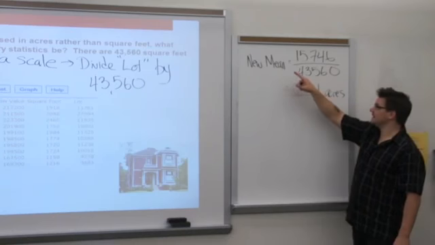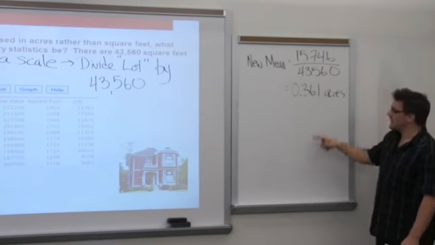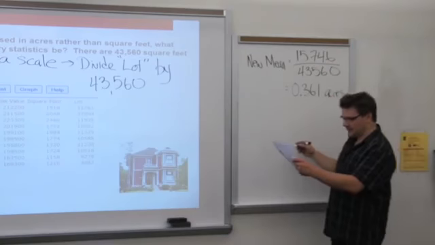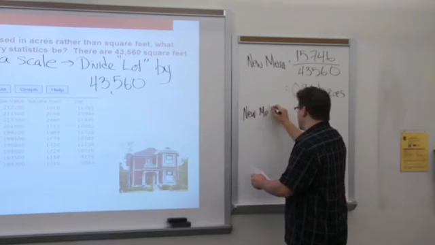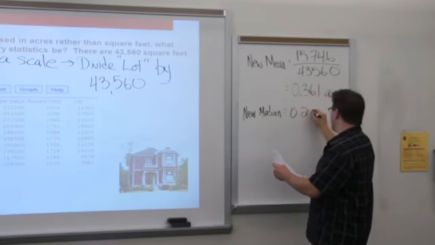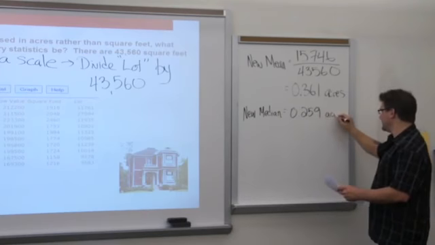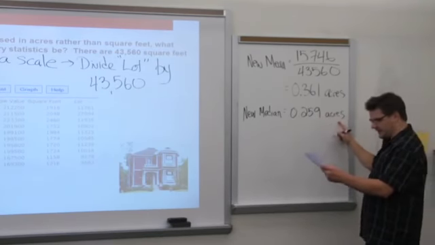Take every statistic, divide by 43,560. I'll just give you the answers. I won't break this out every time. Okay? So here we go. New median. Dividing it out, the new median is now 0.259. Again, that's in acres. Putting the units, making sure we emphasize that.